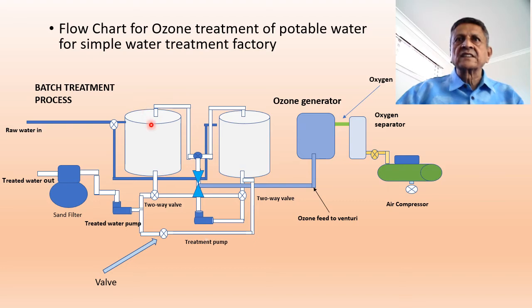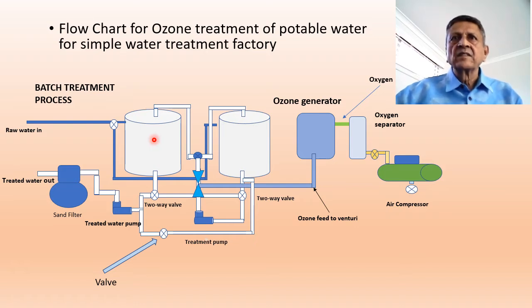As the water is circulating, and when it passes through the venturi, ozone is fed. That way, this tank will be completely ozonized, and when the ozonation is complete, which can be confirmed from ORP or dissolved ozone meter readings, this will be taken through a secondary pump for use in the factory.